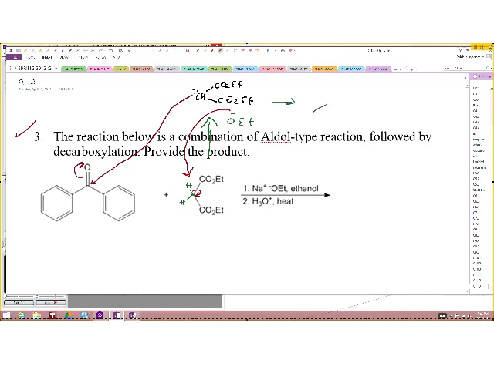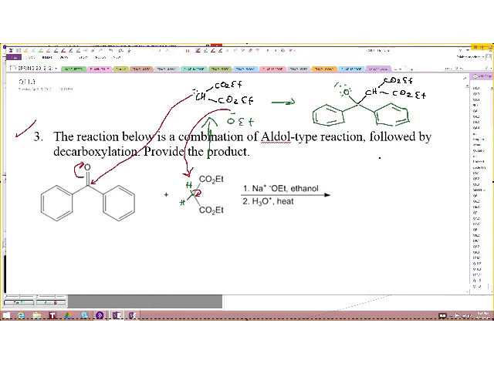So from this intermediate, okay, we form this here. Okay, so now what happened after that?